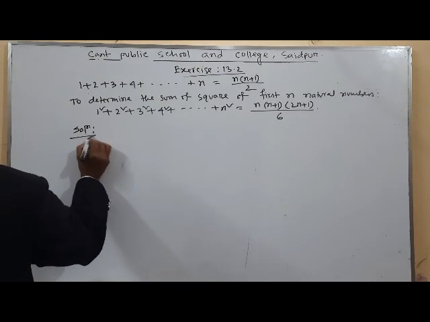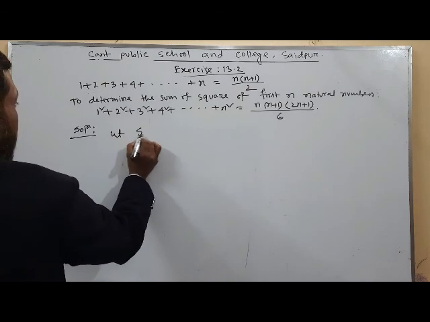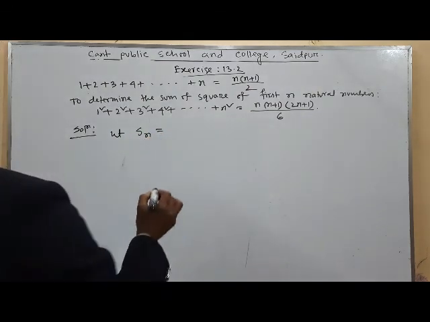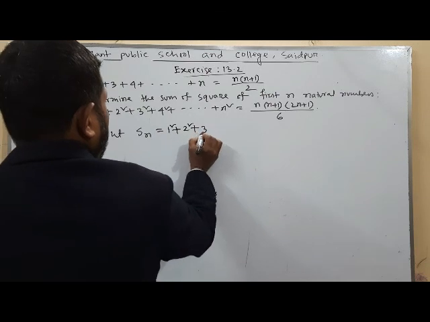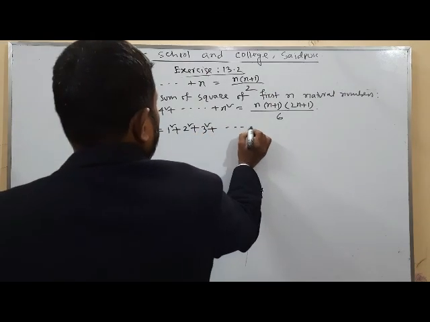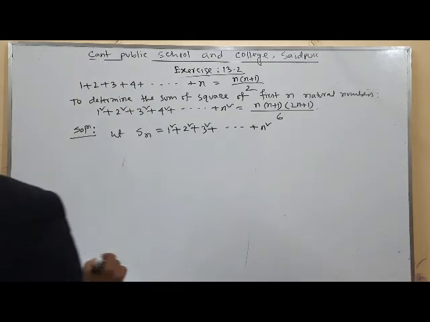Okay. Let Sn is equal to 1 square plus 2 square plus 3 square up to n square.